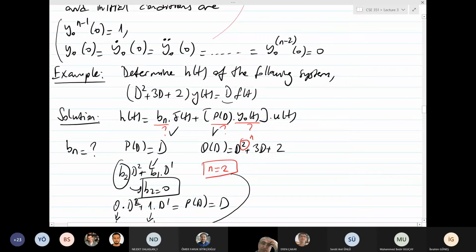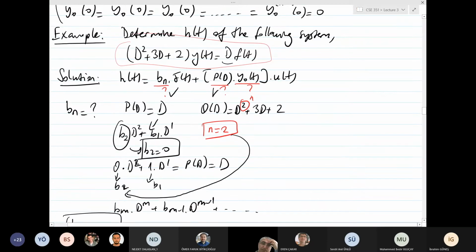So the question is, we are given this system equation, which is D squared plus 3D plus 2 times y of t is equal to D times f of t. Determine h of t, in other words, the unit impulse response of this system.